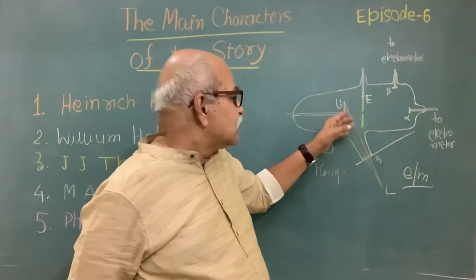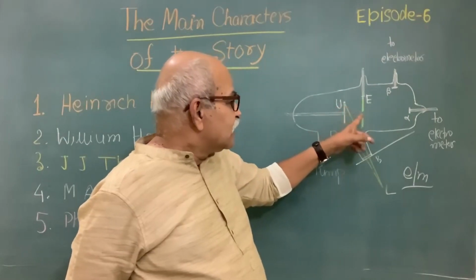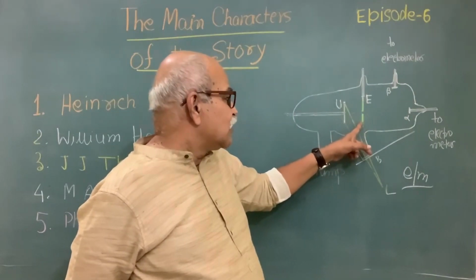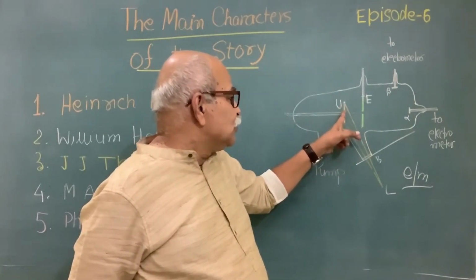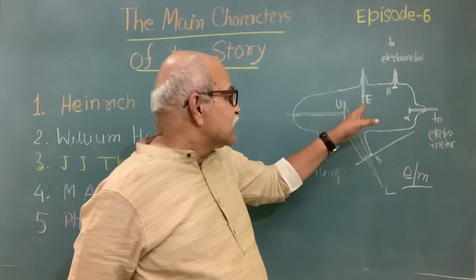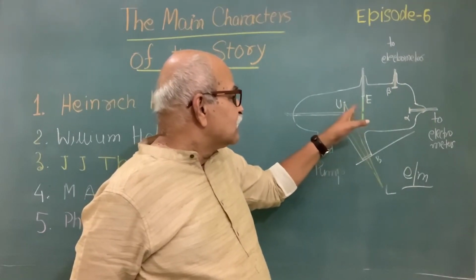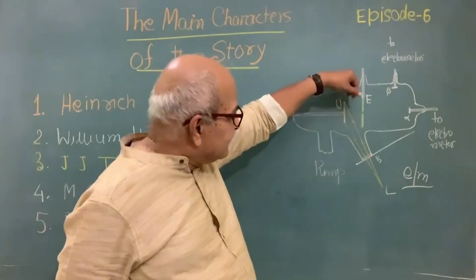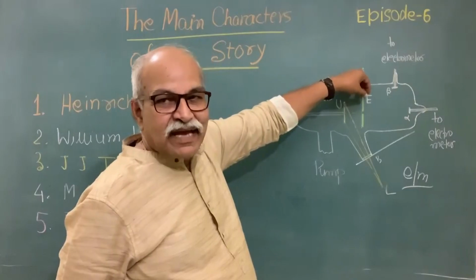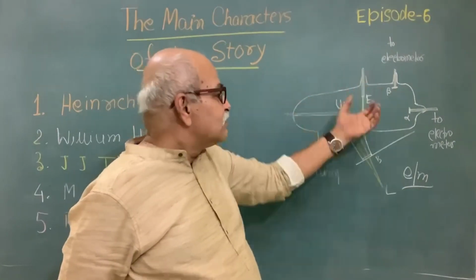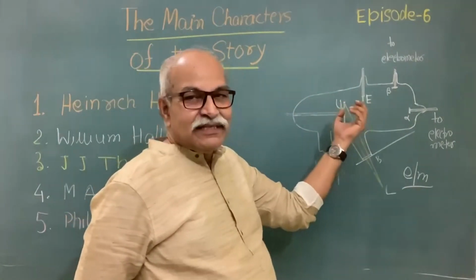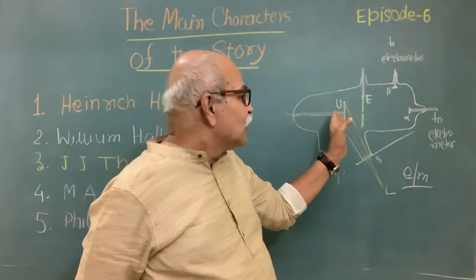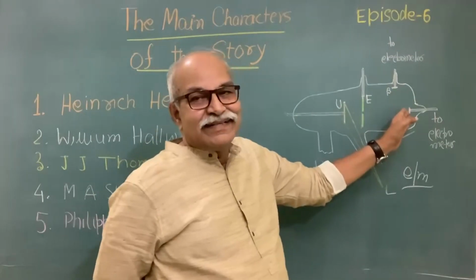Negative particles are coming in, and therefore if you put a negative voltage here as compared to this, with reference to U, then this charge will be repelled, and if you increase that negative voltage in magnitude, then this repulsion will be stronger and stronger, and at a certain stage you find that there is no current reaching here.